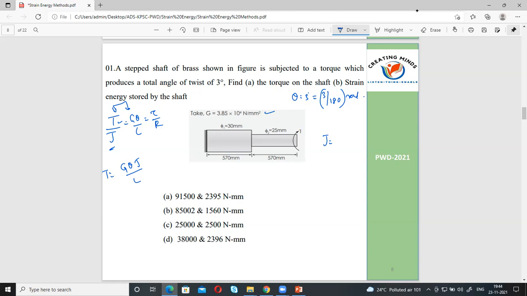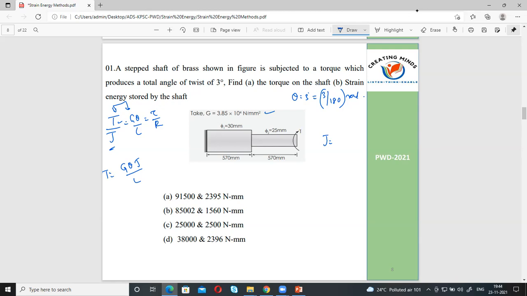J value. See here, the thing is you have two portions, right? For both the portions you have to do this. So G is the same, theta is also the same.